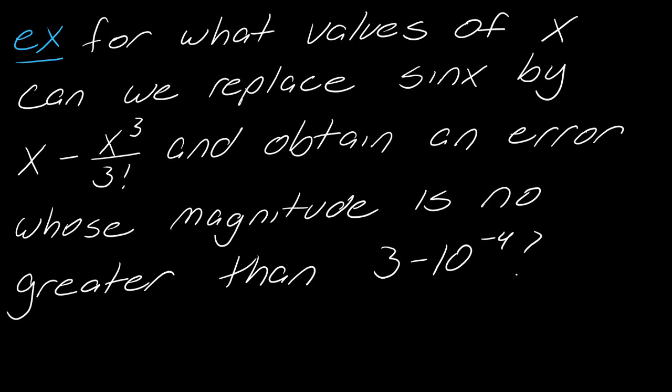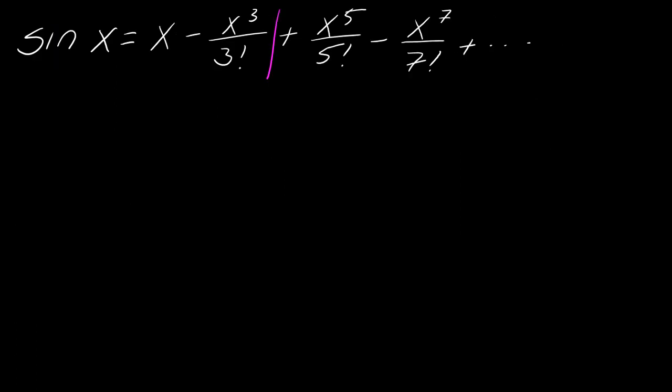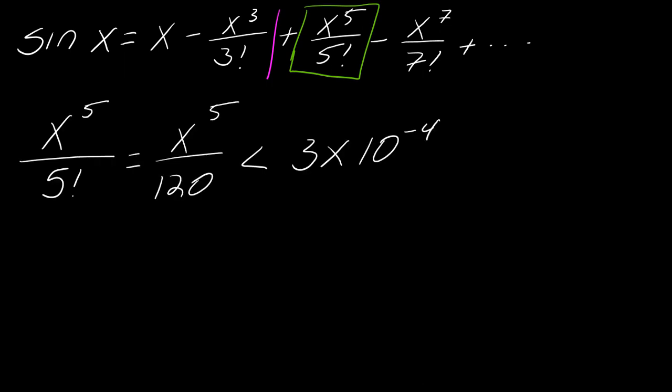So to ensure that I get the error that I want, if this is where I want to cut off the series, then using what we've talked about with error terms, I need to look at the next term, this x to the 5th over 5 factorial. So what I want to do now is take that term and figure out for what values of x will ensure that I stay under this 3 times 10 to the negative fourth. Well, at this point, this is just an equation that I have to solve, so I can multiply 120 over to the other side.